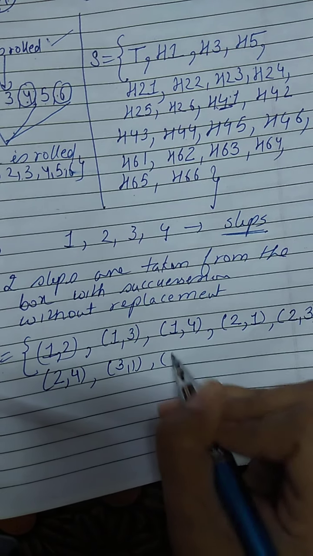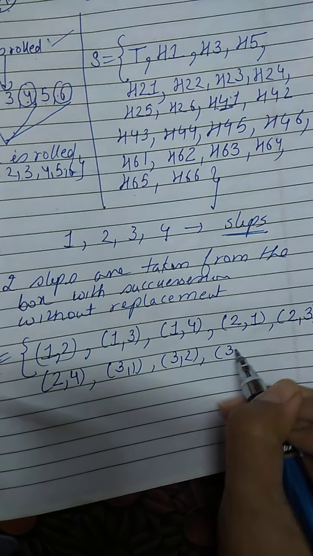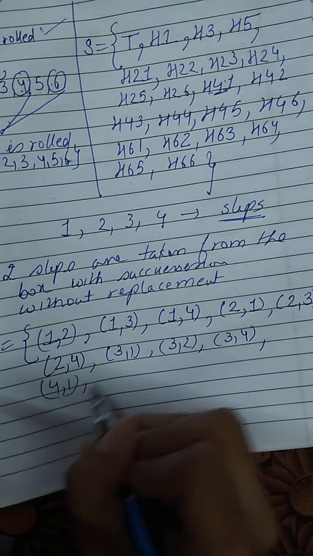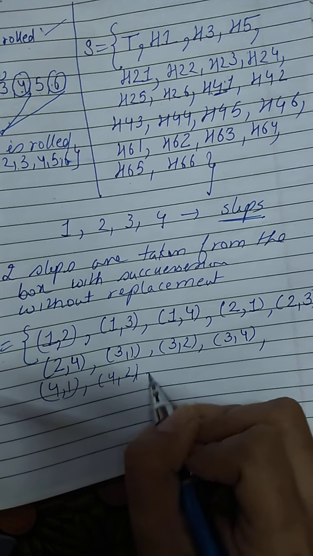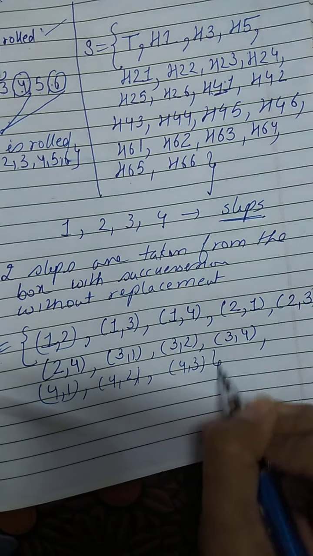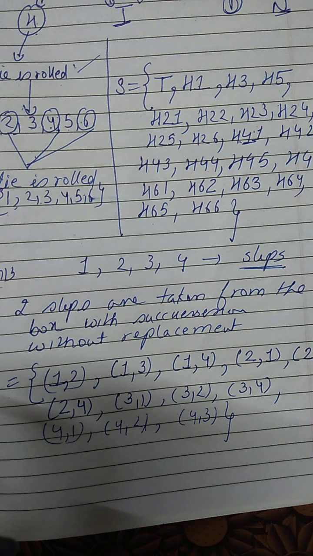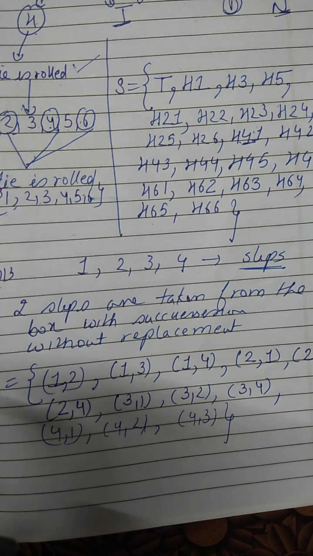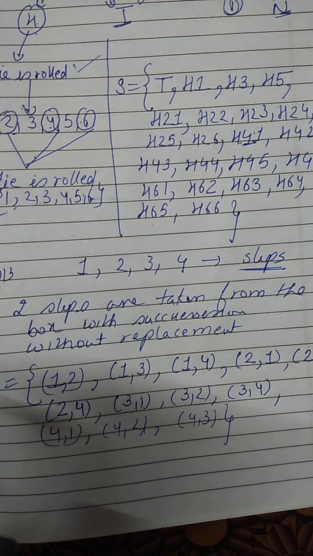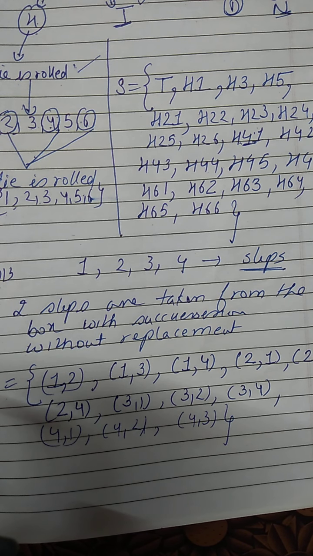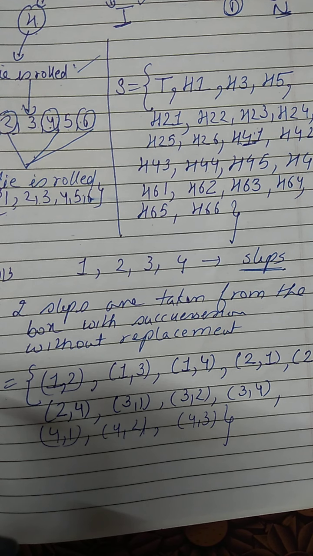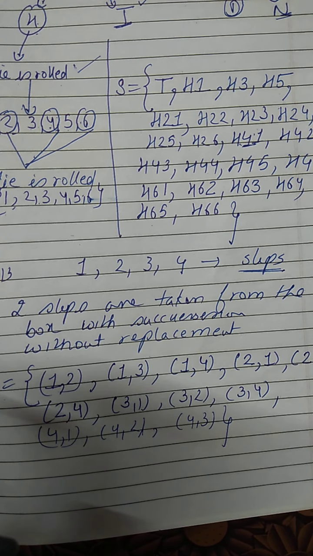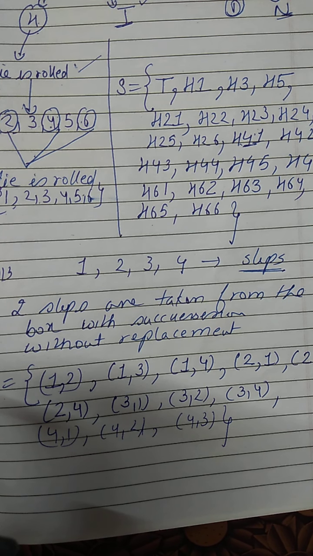Like that, it can be 31 or 32 or 34, and it can be 41, can be 42 or can be 43. So this will be the sample space for sum number 13 when we are taking just two slips from the box, with succession and without replacement. So this is our sum number 13's sample space.